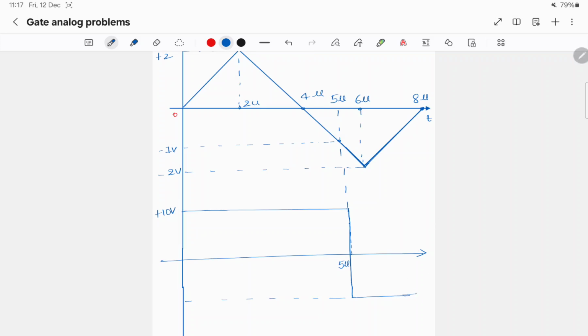So this will occur in the second cycle. This will occur at 9 microseconds.